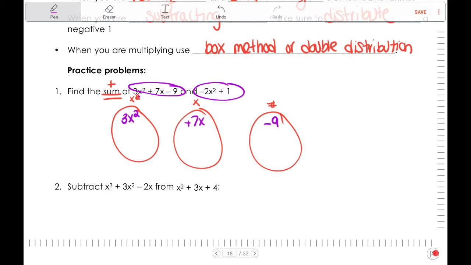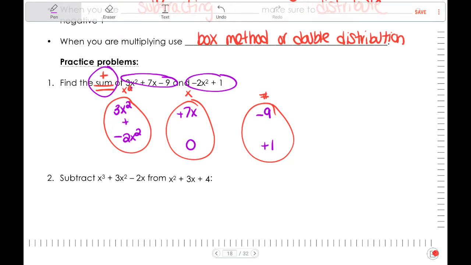And then I'm going to make sure to line these up correctly with the second term since there's only two. And there's going to be a placeholder here. And since we are finding the sum, I need to put my plus sign in between all three. And then I'm just going to go ahead and combine those like terms.